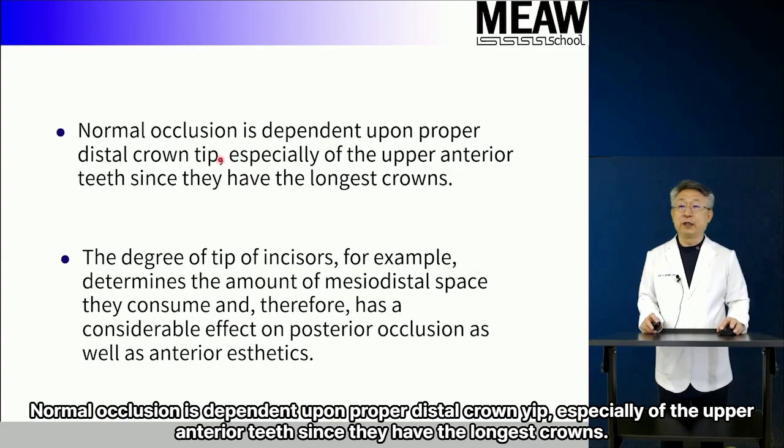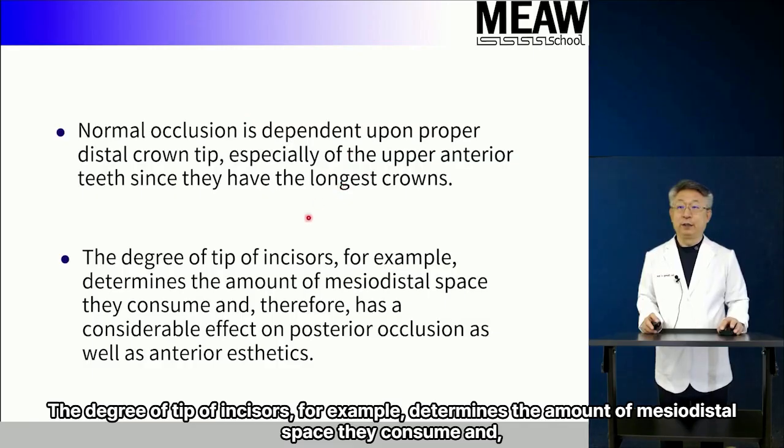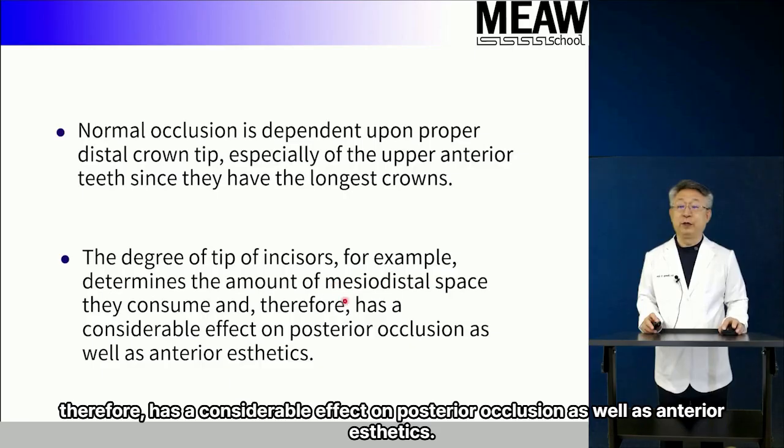Normal occlusion is dependent upon proper distal crown tip, especially of the upper anterior teeth since they have the longest crowns. The degree of tip of incisors, for example, determines the amount of mesiodistal space they consume and therefore has a considerable effect on posterior occlusion as well as anterior aesthetics.